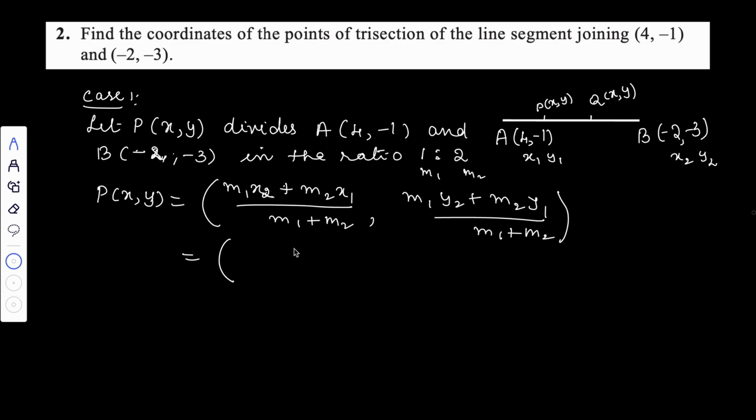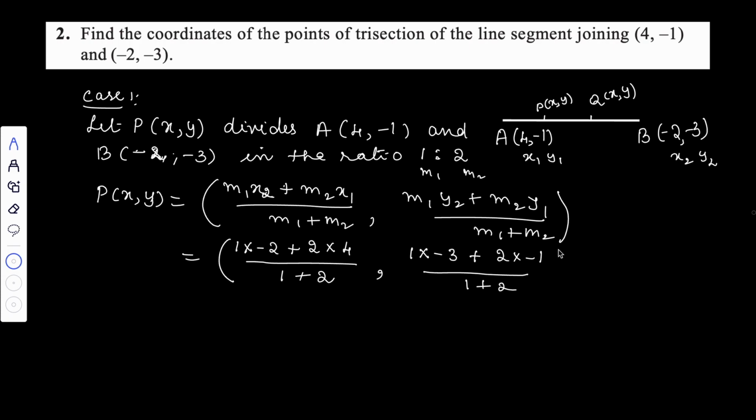Here m1 is 1, x2 is -2, plus m2 is 2 into x1, that is 4, divided by 1 plus 2. Again m1 is 1 into y2 which is -3, plus 2 into y1 which is -1, divided by 1 plus 2.